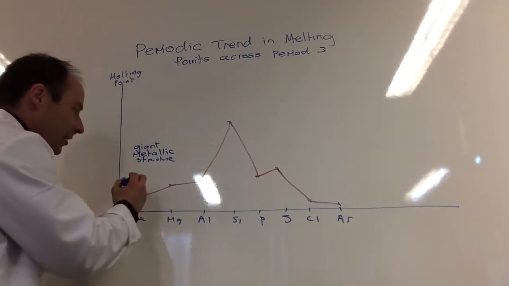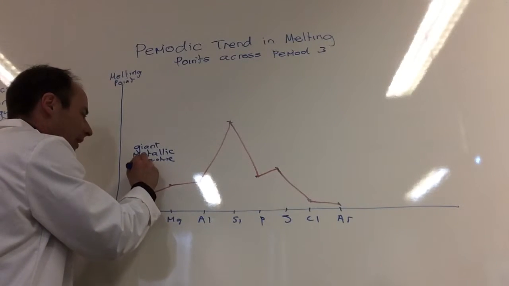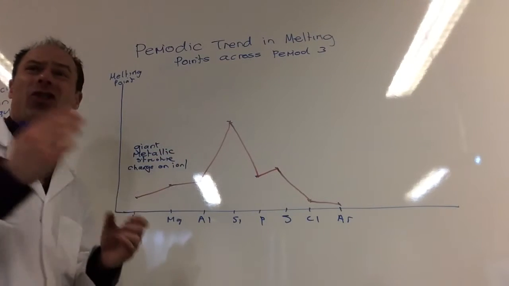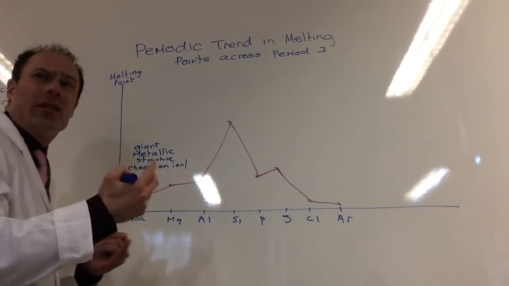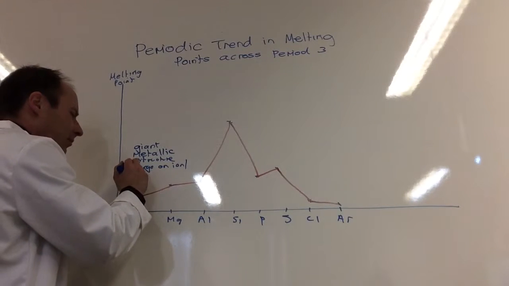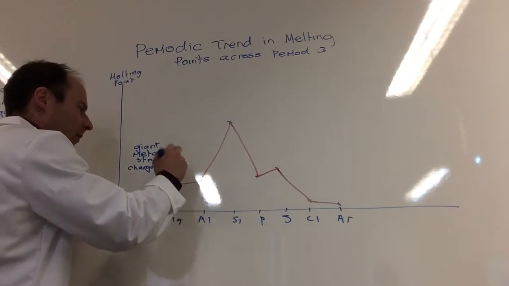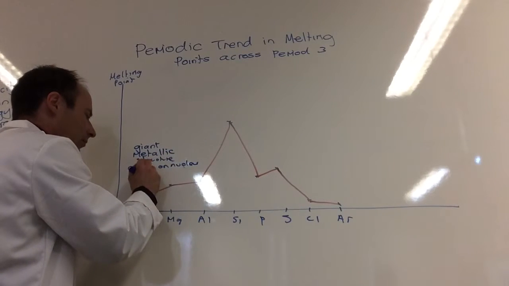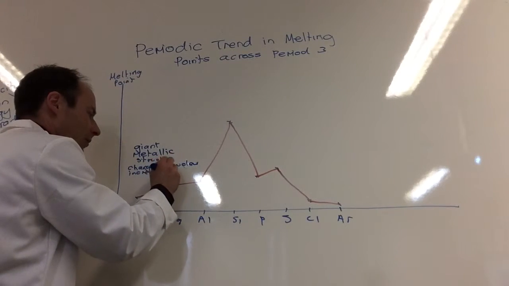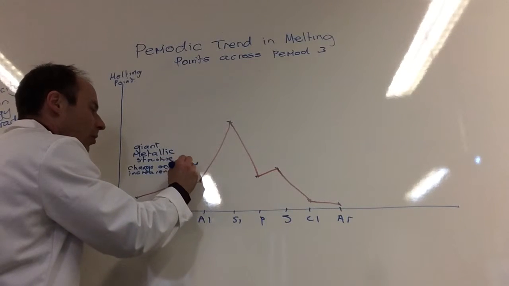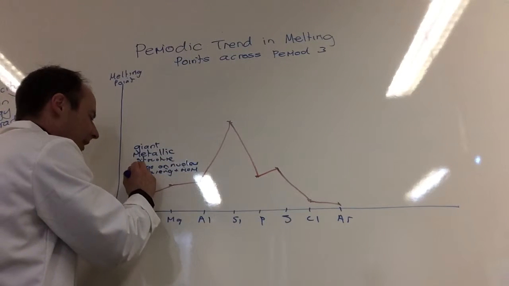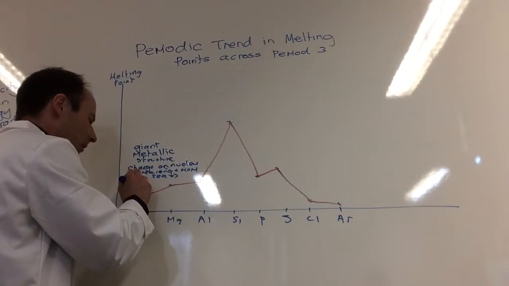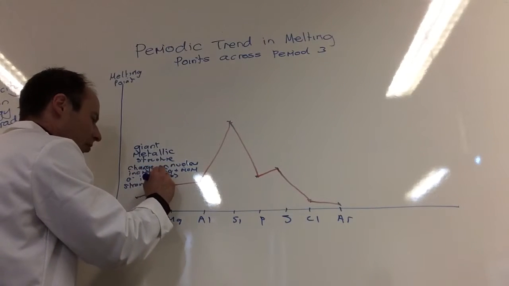So as I go across here, the charge on the ion, but really it's the charge on the nucleus, isn't it? The charge on the nucleus is increasing, and more electrons in the sea. Therefore, stronger attraction.